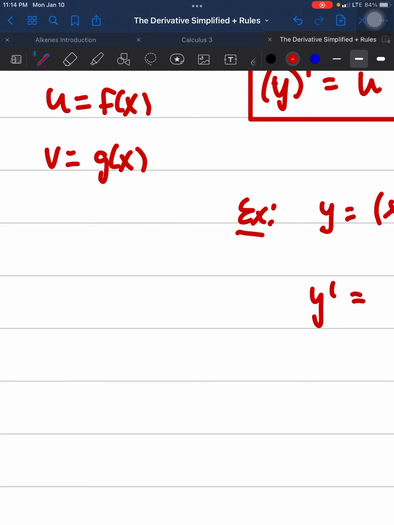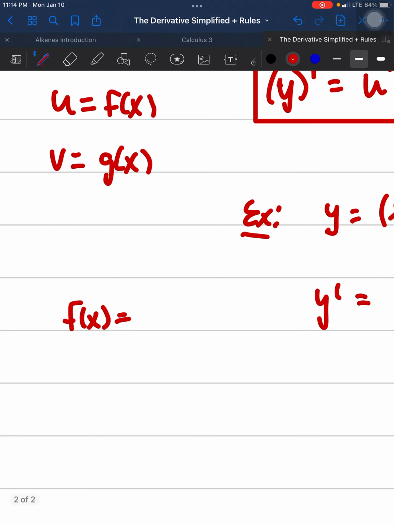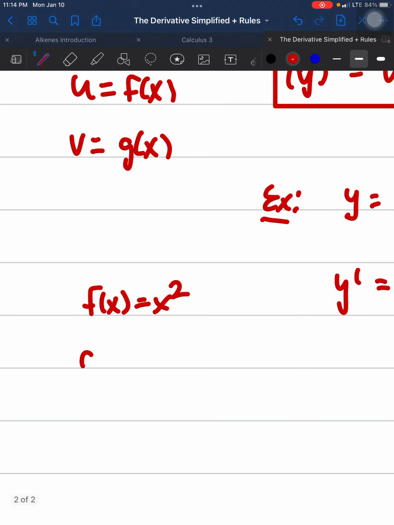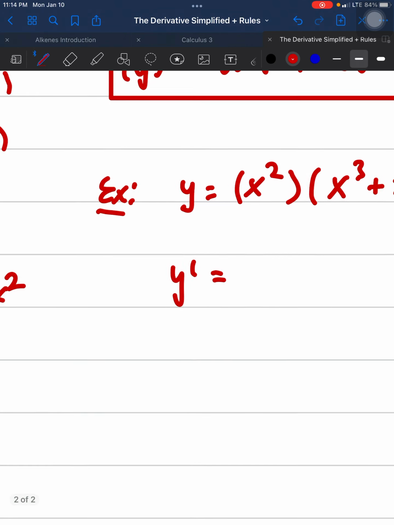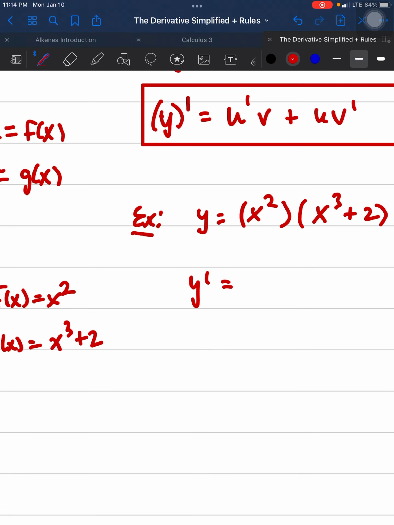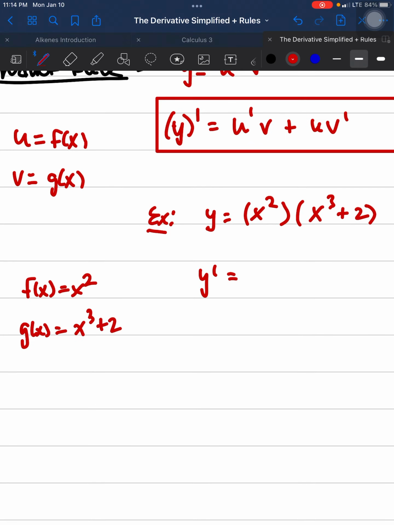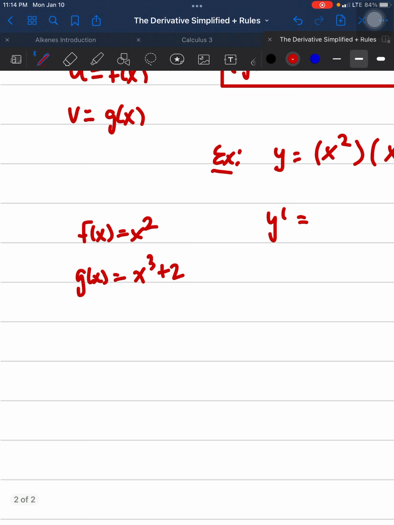So we know that f of x, or in other words u, is equal to x squared, and then g of x, or in other words v, is equal to x cubed plus 2. Now, we use the formula, so we know u prime is just the derivative of f of x, and we already learned how to take the derivative of powers.